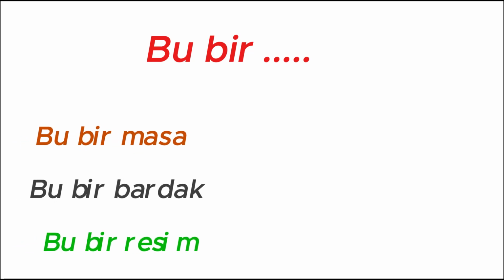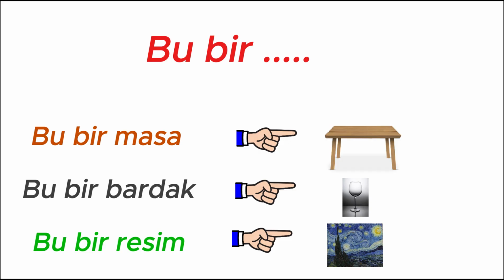Alright guys, so let's continue with our examples. Bu bir means this is a, as you remember. So, bu bir masa means this is a table. Bu bir masa.